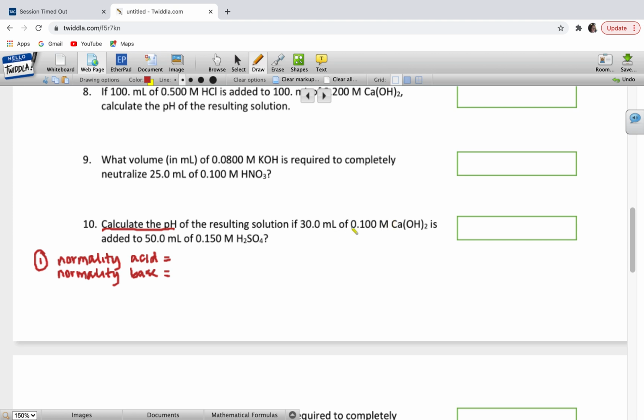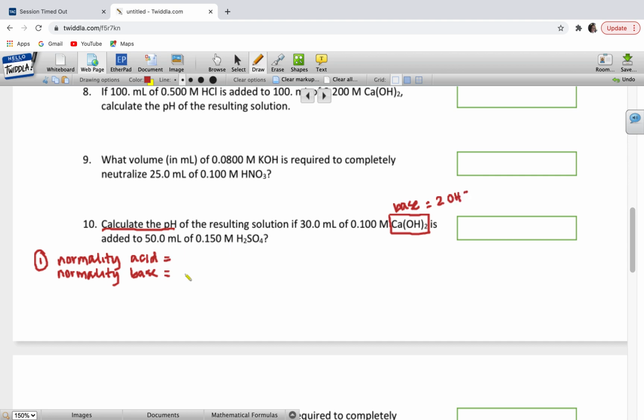All right, the first one that they gave me numbers for is this Ca(OH)2. Acid or base? Base. And if we look at this chemical formula, 2 hydroxides, correct? So when we plug in the number of hydroxides, it's going to be 2.